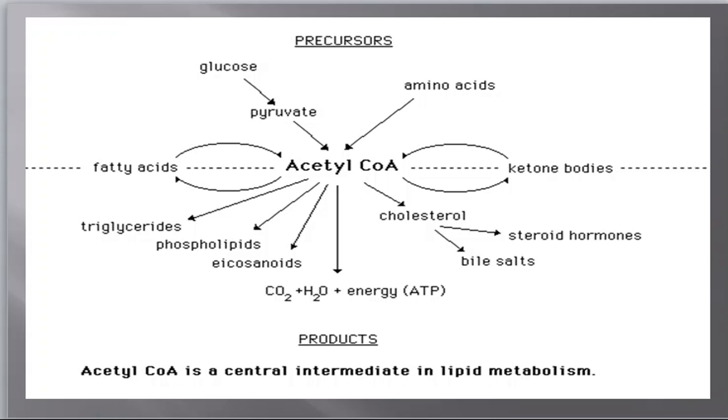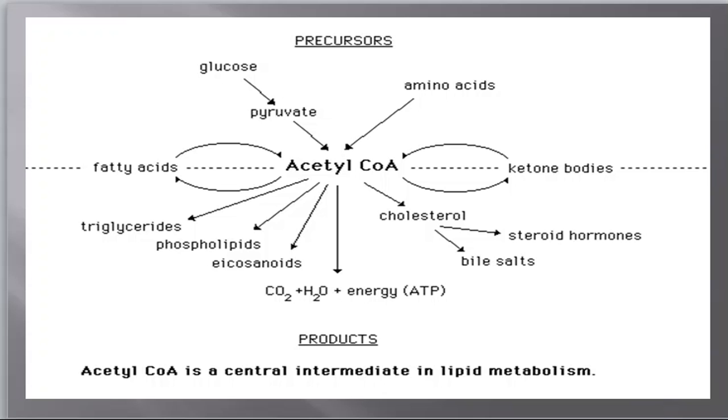This picture clearly depicts the different sources of acetyl CoA, which are fatty acids, pyruvate formed from glucose, amino acids, and ketone bodies. During starvation and difficult periods of the human body, acetyl CoA is synthesized from fatty acids, amino acids and ketone bodies.